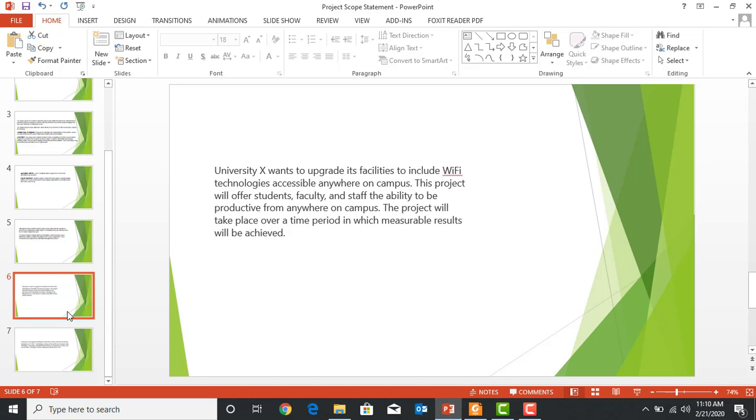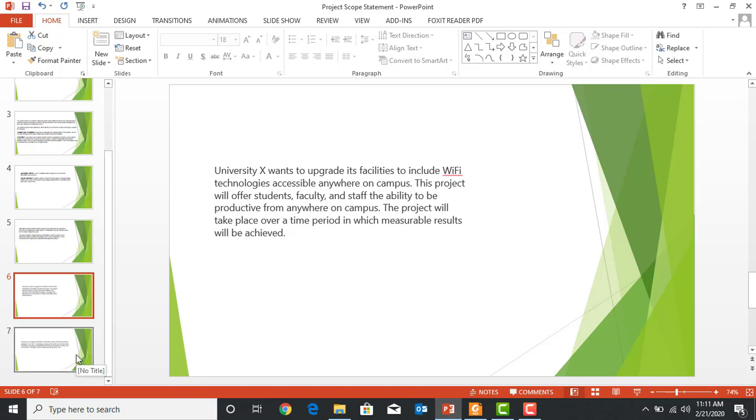So this is one example of a scope statement. It gives an idea of our project, what kind of things are needed. But do we know exactly what is required? Is it in detail? Is it really descriptive and to the point? No.